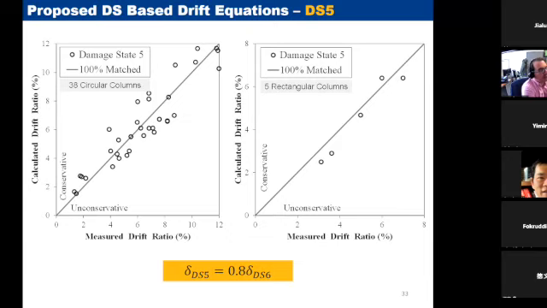So for example, if you're at 5, there is a very strong correlation. I can't remember the R score here, but it was very high, so you could relate damage state 5 to 6 rather than developing a new equation. So if you need damage state 5, it's just 80% of damage state 6.